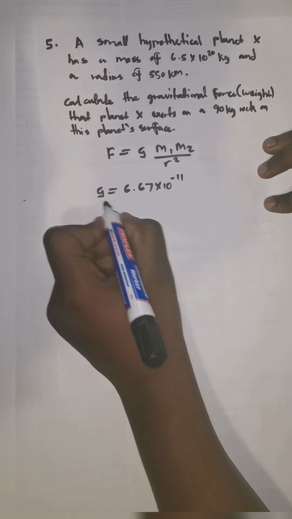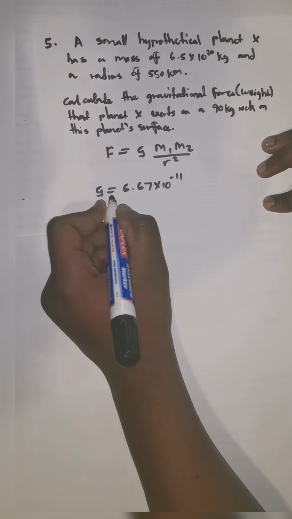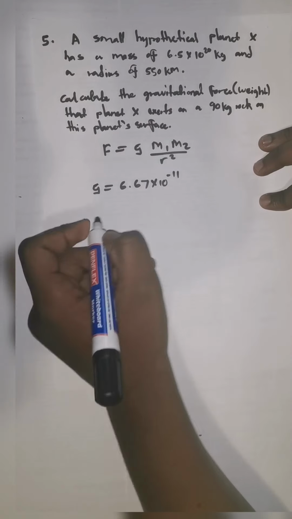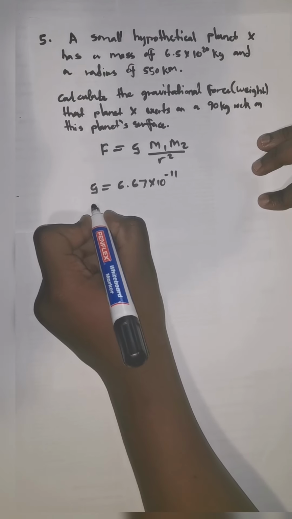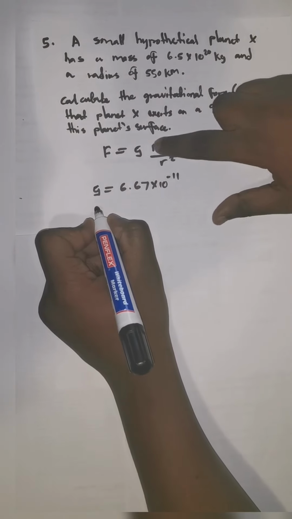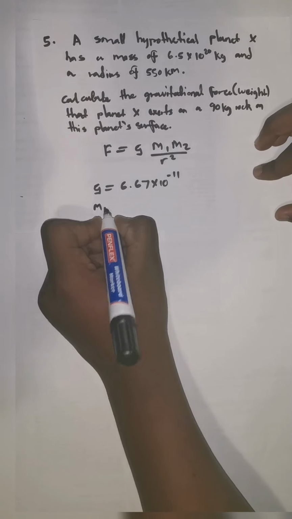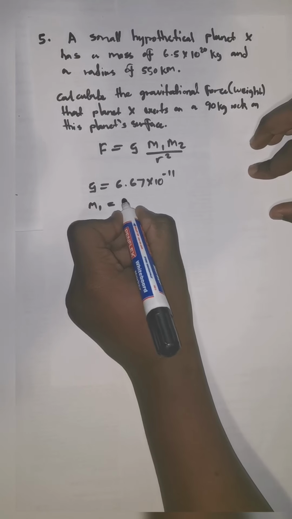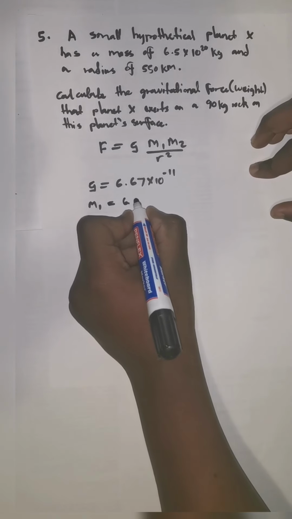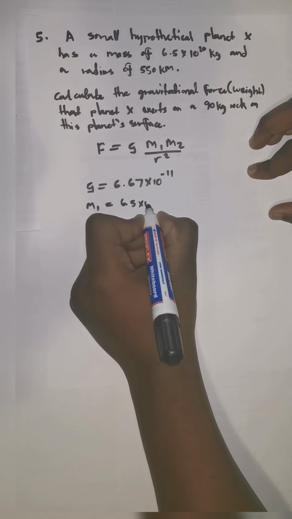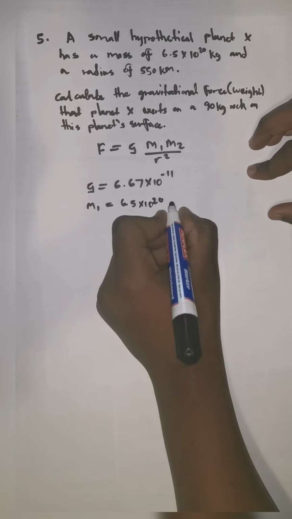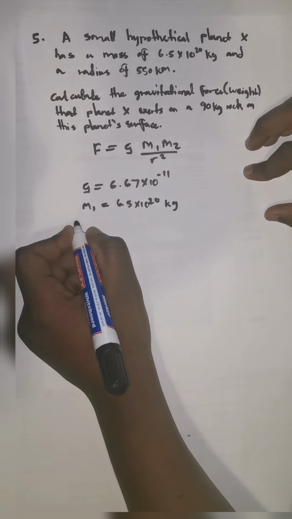So this is the value for the gravitational constant, right? And then these are the masses, right? We can decide in whatever way you wish which one should be mass 1 and which one should be mass 2. So it really doesn't matter.